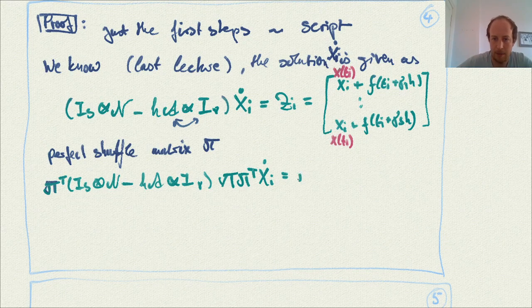This will give us Pi Pi transpose Z_i. And this means that this shuffles here.